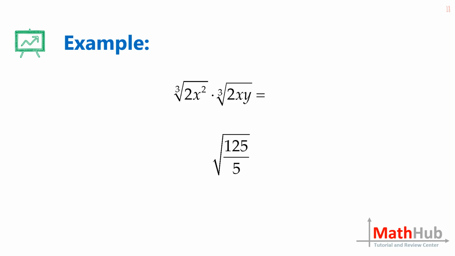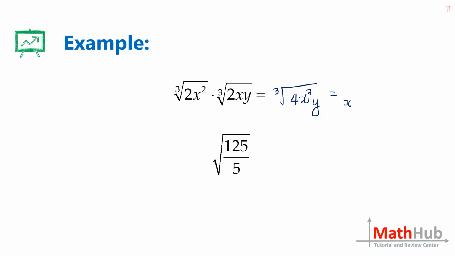So we now have, let's copy the index 3. Cube root of 2 times 2 is 4, and then x cubed y. And then we can still look at this one, x cubed. So we can still pull it out. So we can pull out the x. Oh, it will look like an exponent.